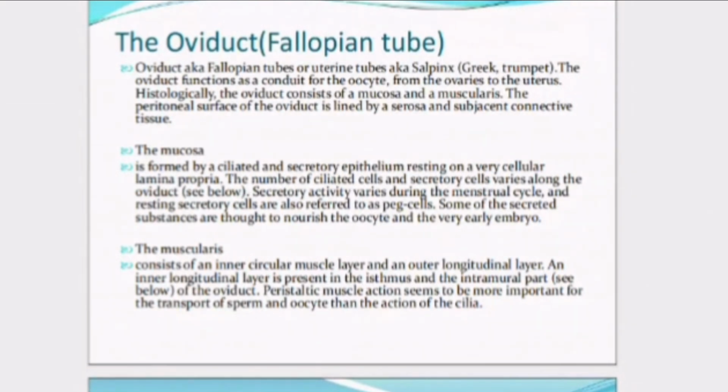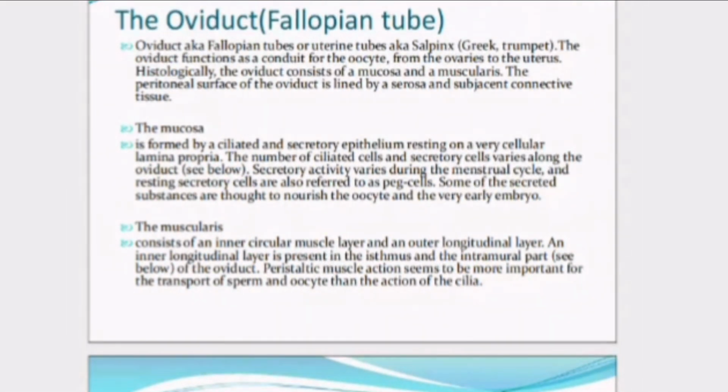The oviducts are divided into different regions: the ampulla, which is the largest region, the isthmus, which is the smallest region, and the intramural part, which is the part that has no folds.